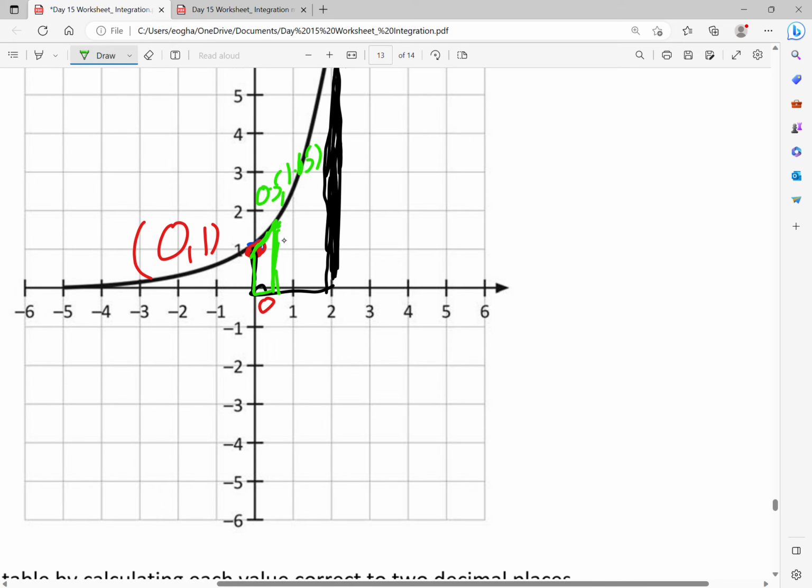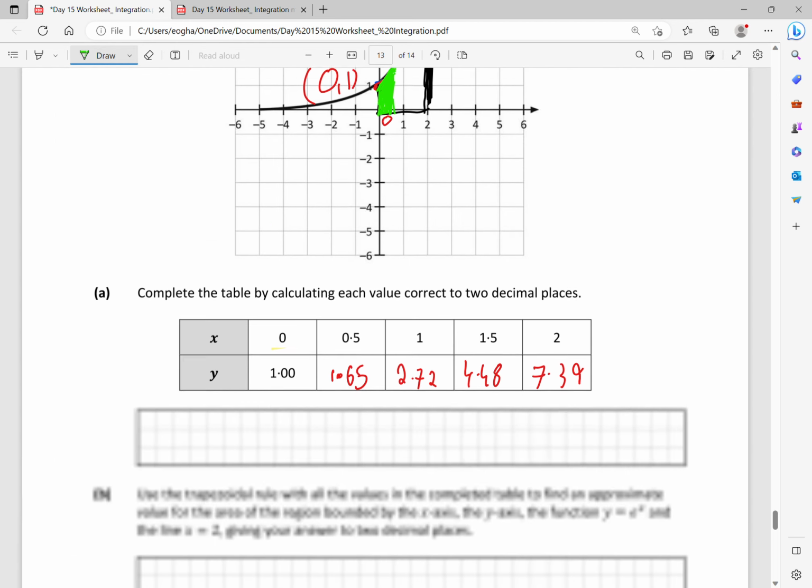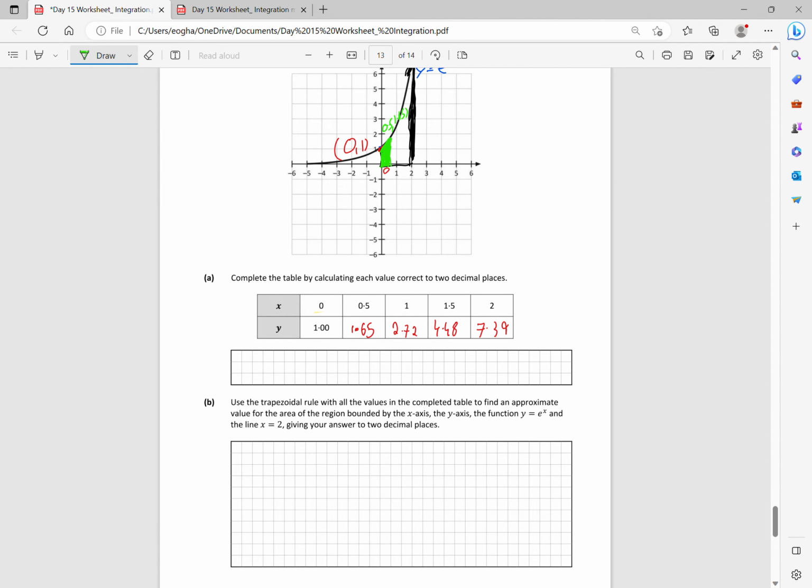So this would be 0.5 comma 1.65, and I could use a formula to calculate the area of that trapezoid. But of course what I want is the area overall, so I would have to add them together. But there's a thing called the trapezoidal rule, and what it does, it allows us to calculate this estimation by saying the area is equal to h over 2, where h is actually the width.